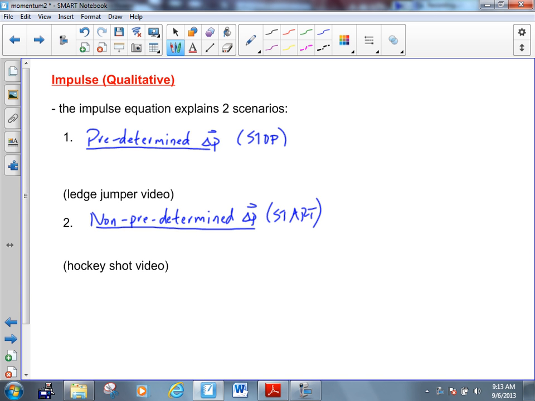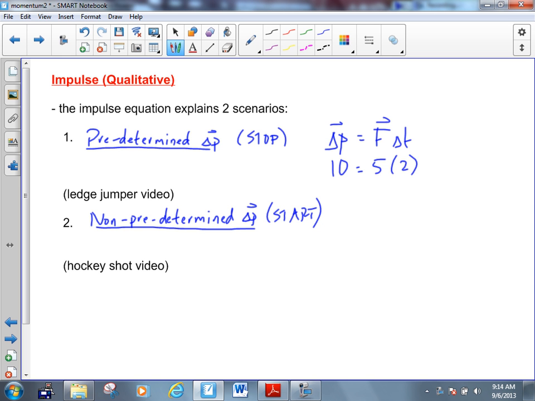Now, the effect of what you do is completely different in each of these cases. The idea when you have a predetermined impulse is typically that you want to increase the stopping time. Look at the equation here for a second. Impulse is equal to F times delta t. Let's say we've got an impulse of 10 and a force of 5, what would the time be? 2, right?